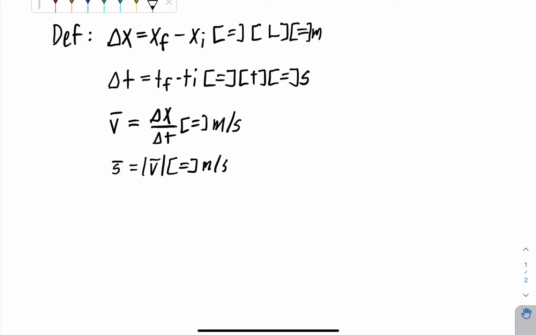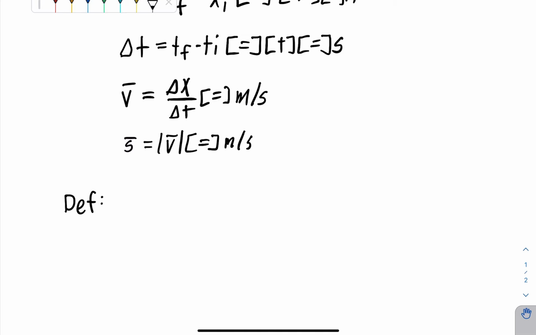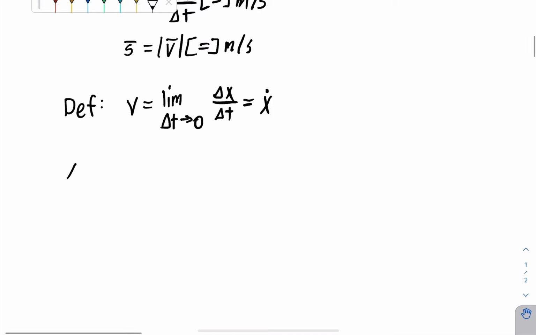If I put in another definition, if I want to find the velocity at any time, the instantaneous velocity, that is equal to the limit as delta t goes to 0 of delta x over delta t, which is equal to x dot. So this is the first derivative of position. If I have my position function, x of t, then I can differentiate it to get x dot of t, which is equal to v of t. Wonderful.